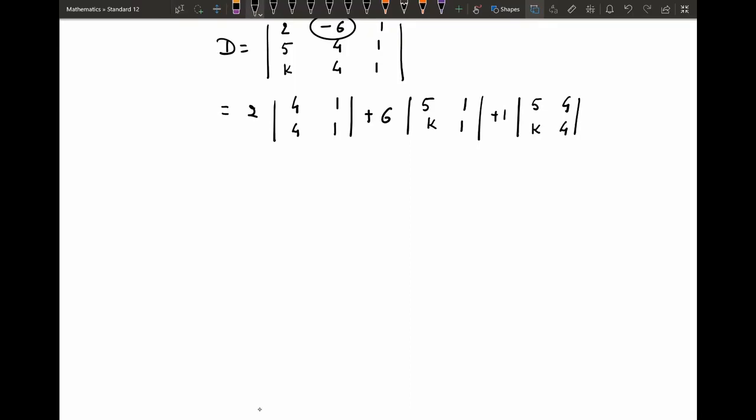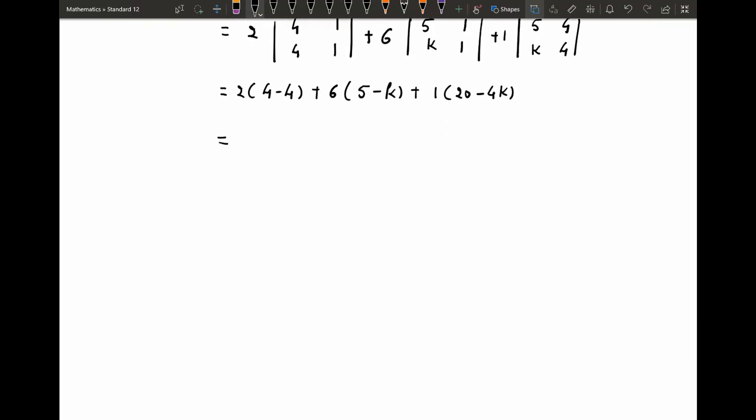Now the simplification is 2 into 4 minus 4 plus 6 into 5 minus k plus 1 into 20 minus 4k.